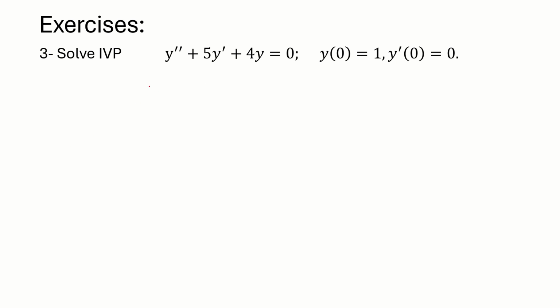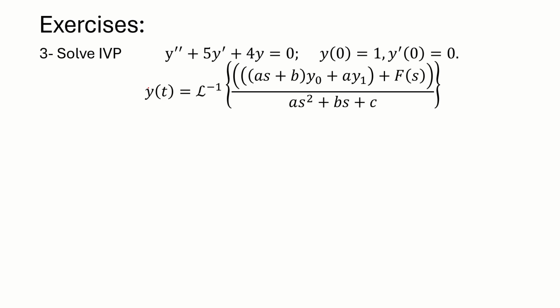Again, we can use the formula, right. In this case, you'll be replacing a with 1, b with 5, c with 4, and f is 0, so it means f of s is also 0, whereas y naught is 1, while y1 is 0. So we replace all these values here, so we get y of t, that will be Laplace inverse. Okay, a की जगह क्या put करना है? 1 put करना है.